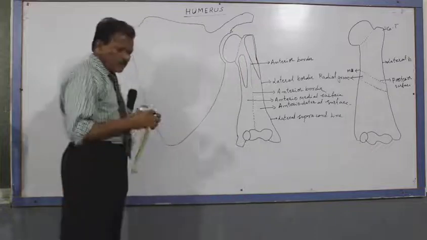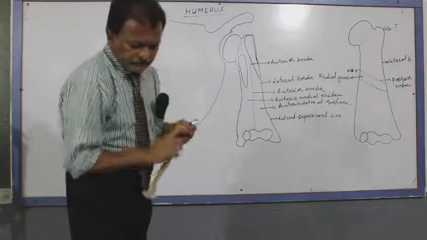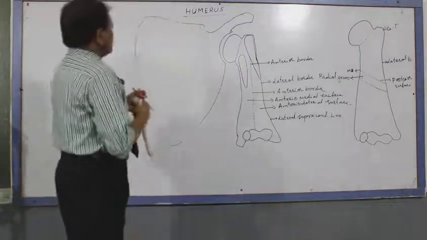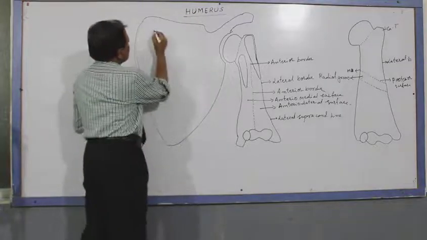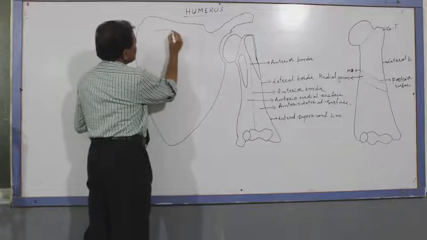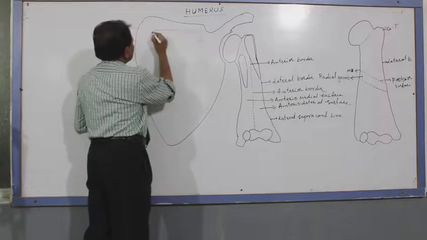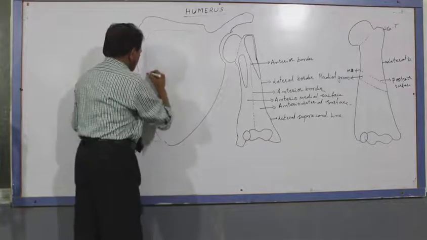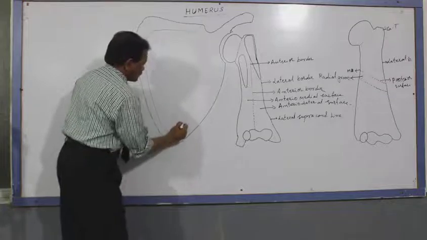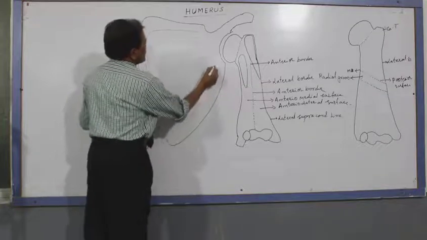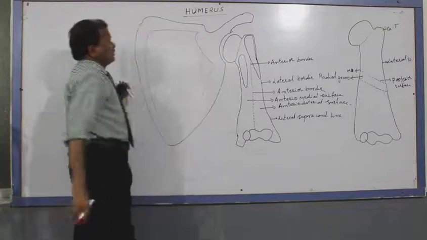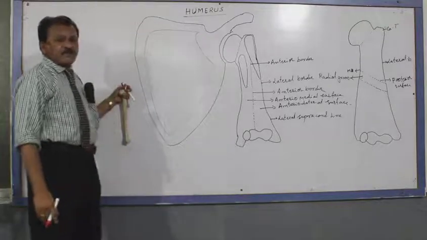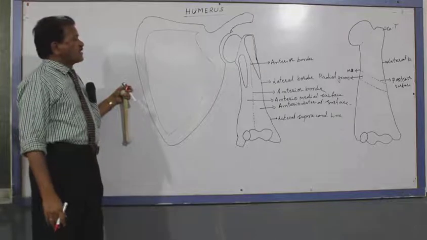So here there is a subscapularis muscle. The subscapularis muscle arises from the subscapular fossa. Here, this one is the subscapular fossa, it gives the origin for the subscapularis muscle on the ventral surface of the scapula.